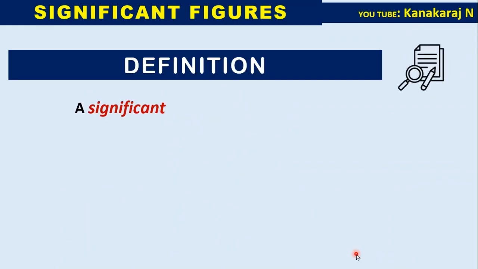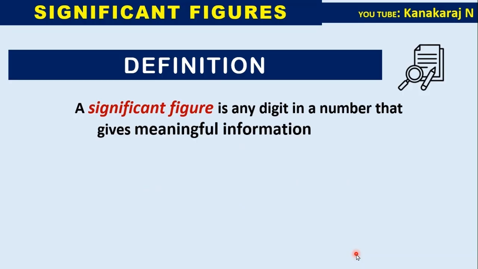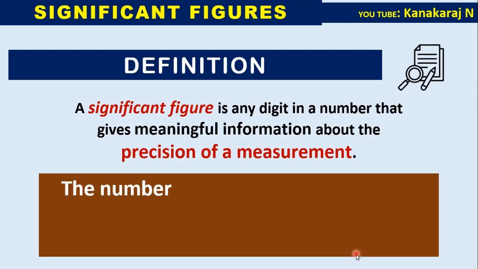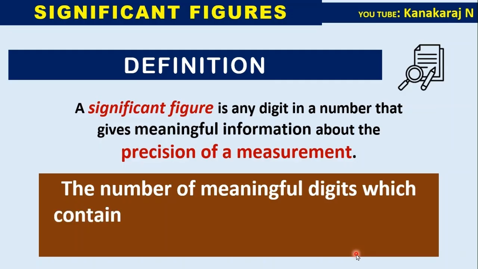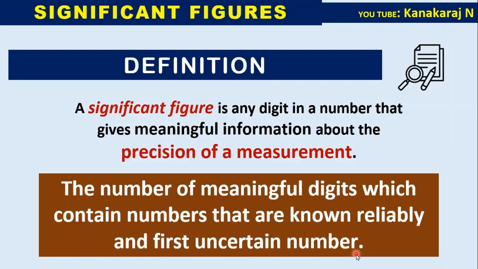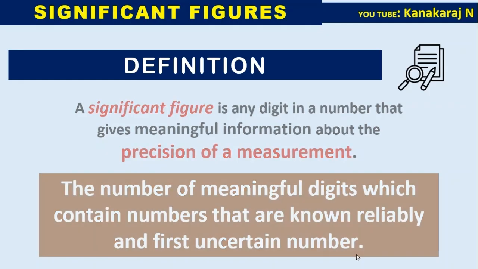Definition. A significant figure is any digit in a number that gives meaningful information about the precision of a measurement. The number of meaningful digits contains the numbers that are known reliably and the first uncertain number.